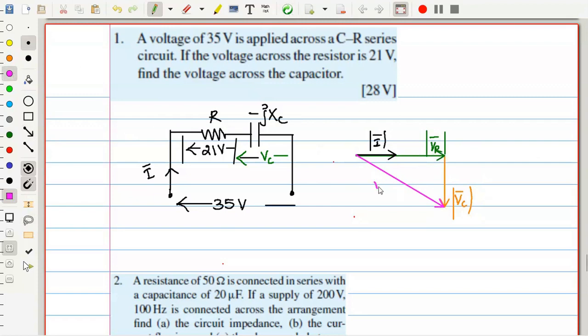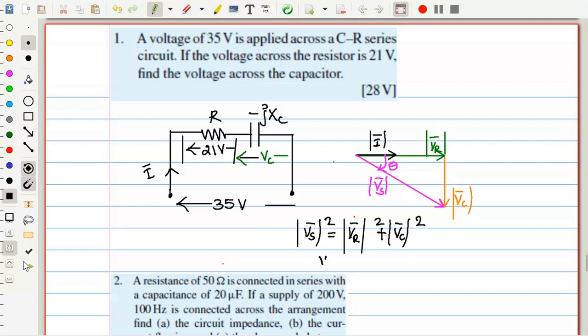Here Vs magnitude is given to you. Again from simple principles, it is a right angle triangle. So Vs magnitude squared, the hypotenuse squared, is equal to Vr magnitude squared plus Vc magnitude squared. Now you find the unknown, very easy.